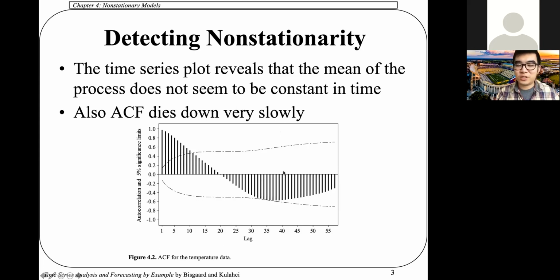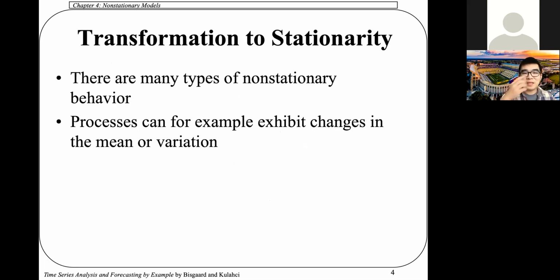But with this raw data, the ACF dies down very slowly. So in order to use the ARMA model to study this data, we want to make it stationary data.